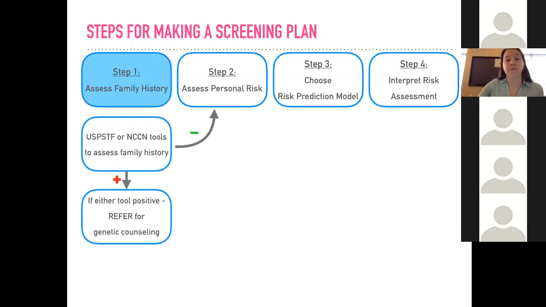And then if nobody in the family has a risk for this, you just move on to step 2, where you're going to talk about personal risk. But if you get this information and you find out that they do have family risk, then you would refer them for genetic counseling.